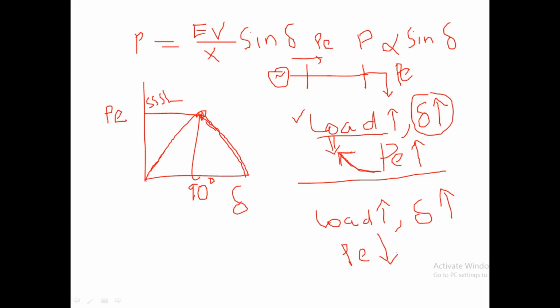But it should not happen, because when the load increases, PE should increase, but now PE has decreased. So what will happen to this system? The load requires more power, but the generator is not delivering that power. That difference will increase and the system will become unstable.